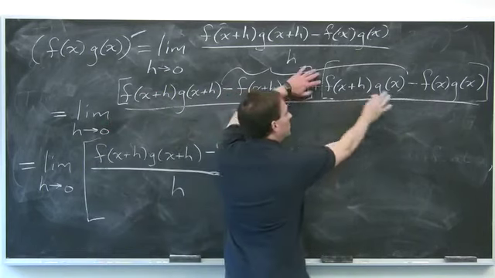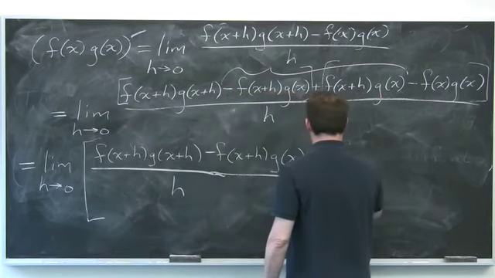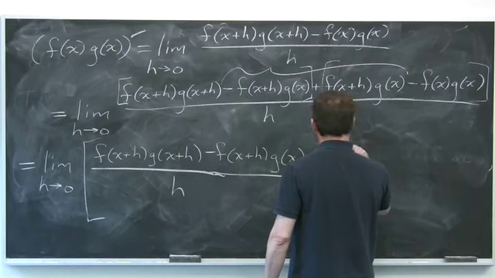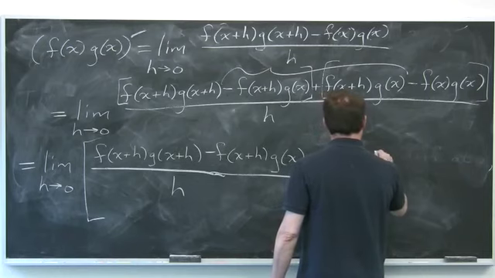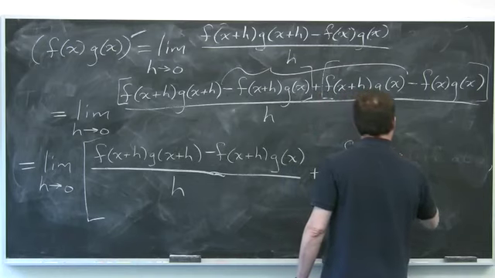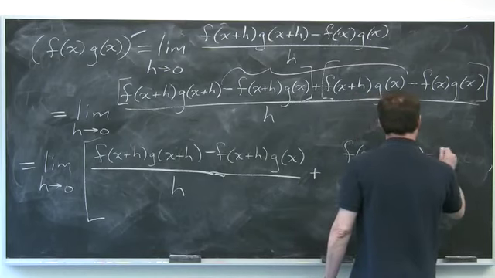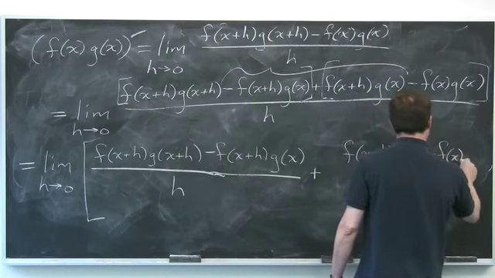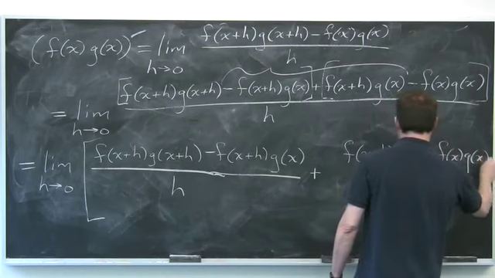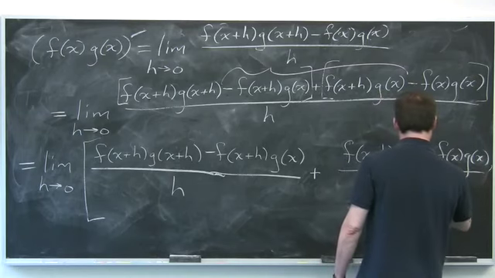And then there's plus this part divided by h. So plus f of x plus h times g of x minus f of x times g of x, all divided by h.